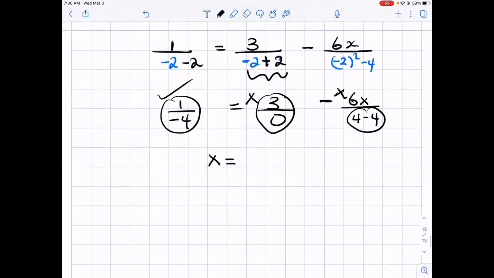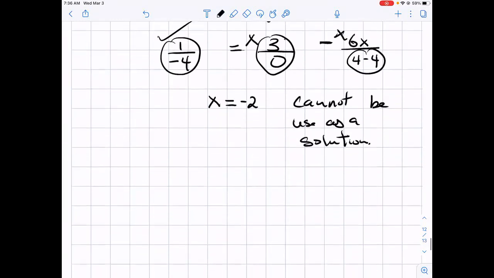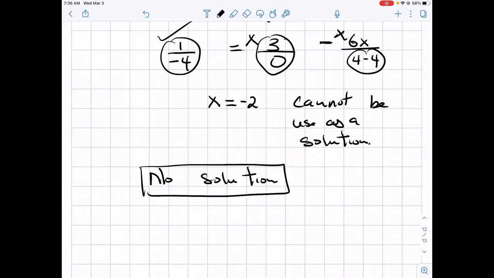So x equals minus 2 cannot be used as a solution. Okay, so this problem has no solution. This is the answer. There is no solution, period. Okay, no solution. And that's because there is 0 in the denominator.